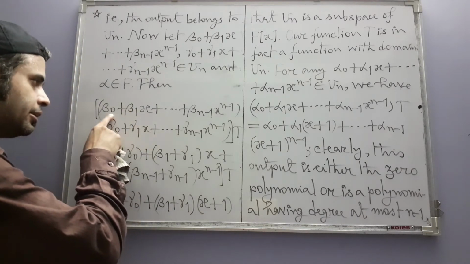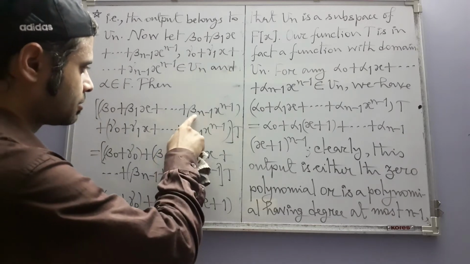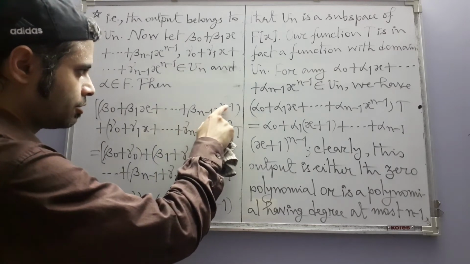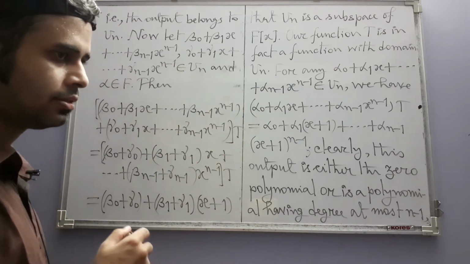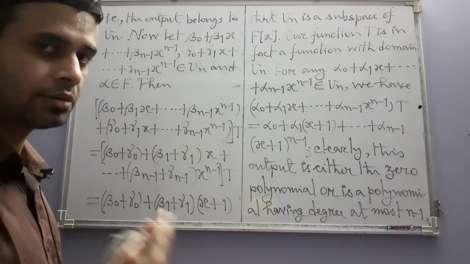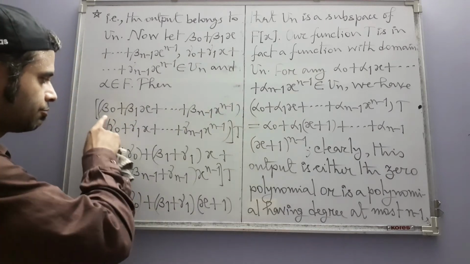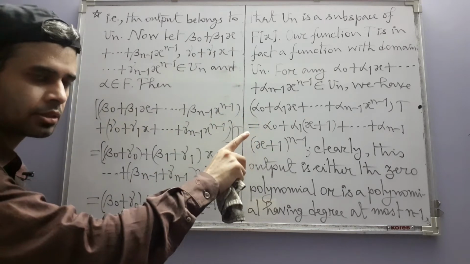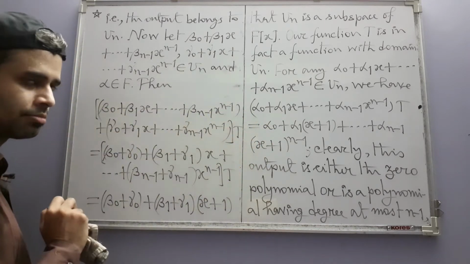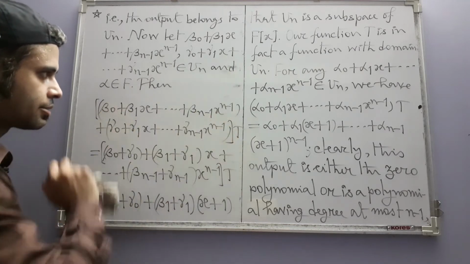This beta 1, beta naught, these are also polynomials. Beta n minus 1 x to the power n minus 1 is actually x multiplied n minus 1 times. Then you get the same polynomial. If one evaluates that expression using the definitions of addition and multiplication, then one gets that same polynomial.